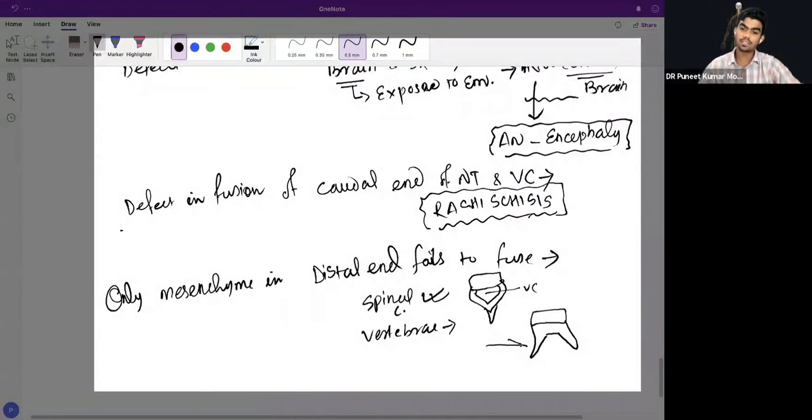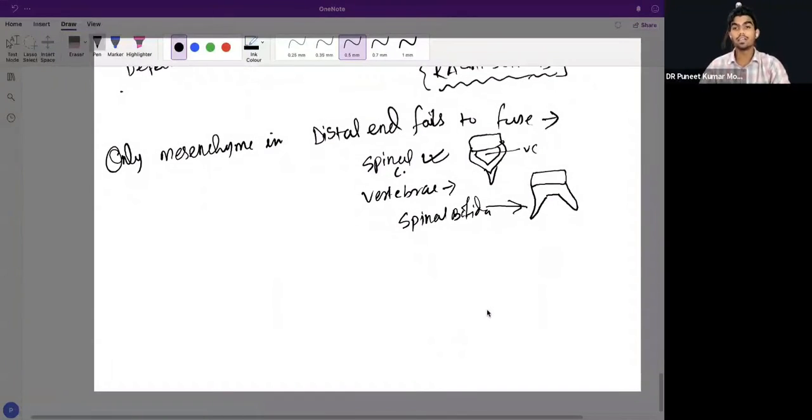And this condition is called two spine condition, or spina bifida. So spina bifida is the defect in the fusion of mesenchyme only. Okay, defect in fusion of mesenchyme only.